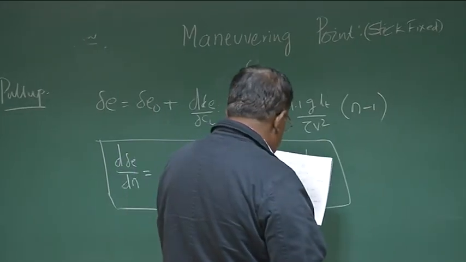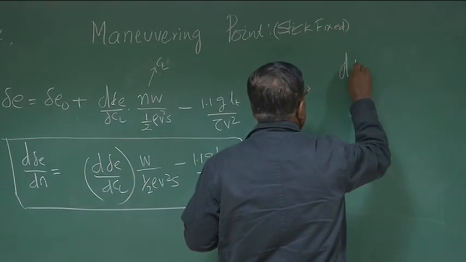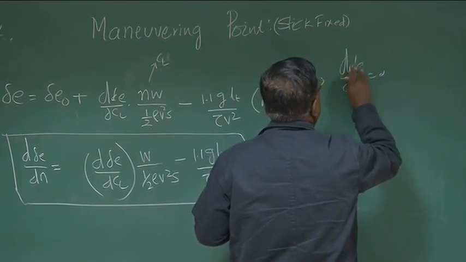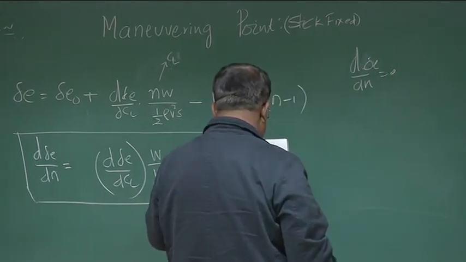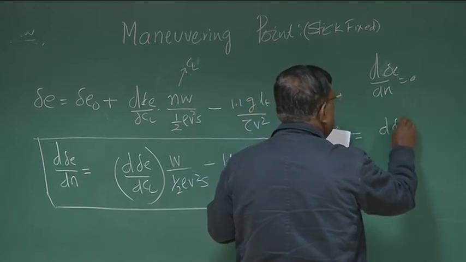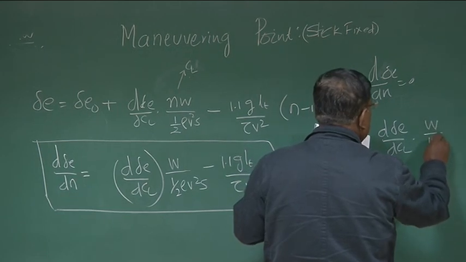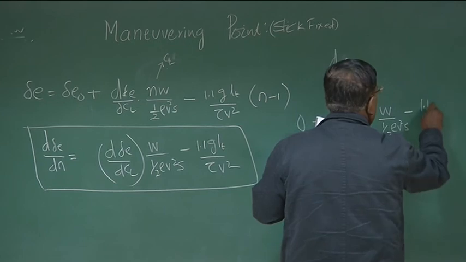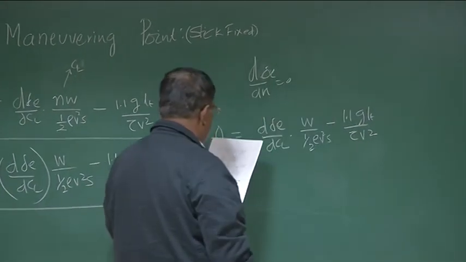So now what happens? If I put d delta E by dn equal to 0, we get an expression: 0 equal to d delta E by dCl into W by half rho V square S minus 1.1 GLT by tau V square.